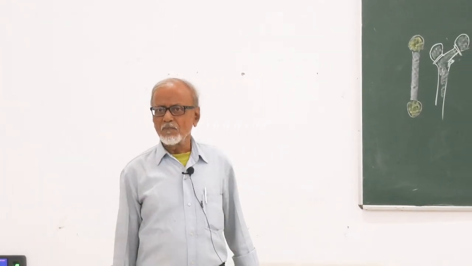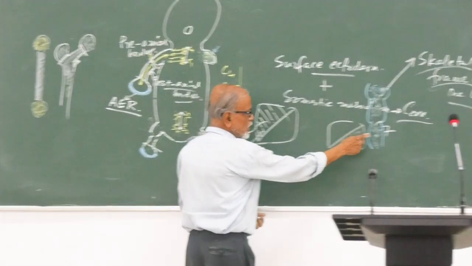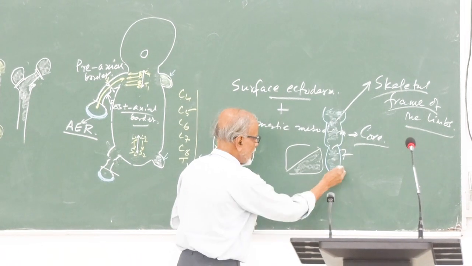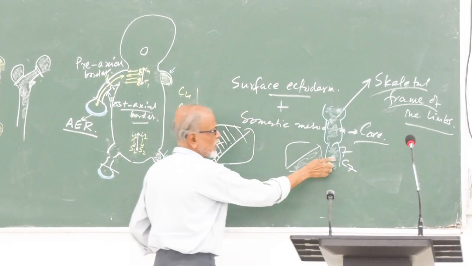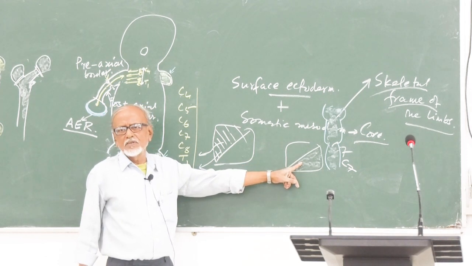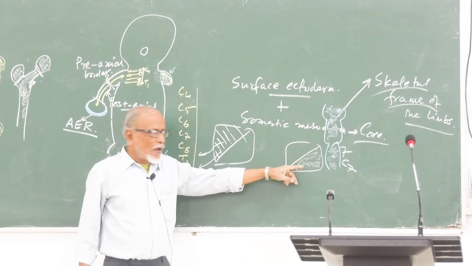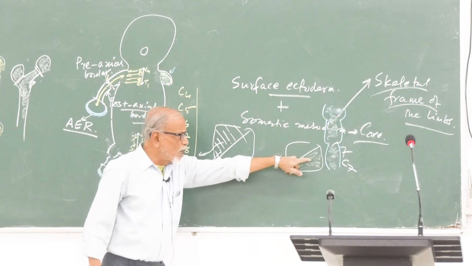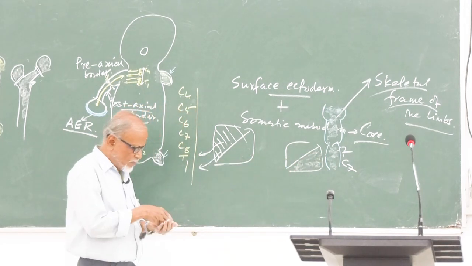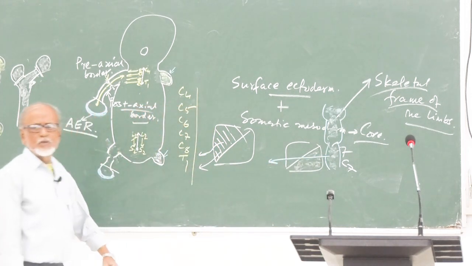So the C7 segment of the spinal cord lies opposite the seventh cervical vertebra, and the nerve will proceed through the middle of the spine like this. The seventh cervical spinal nerve will proceed through the middle of the spine.